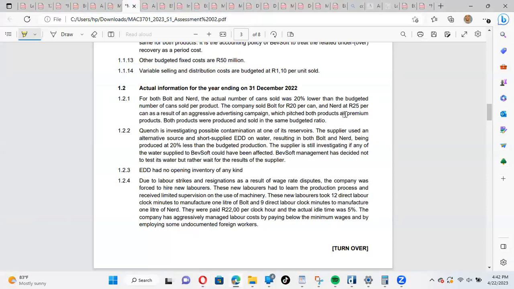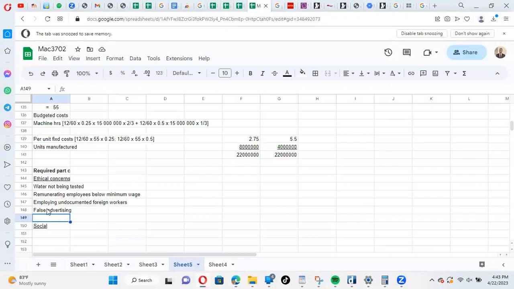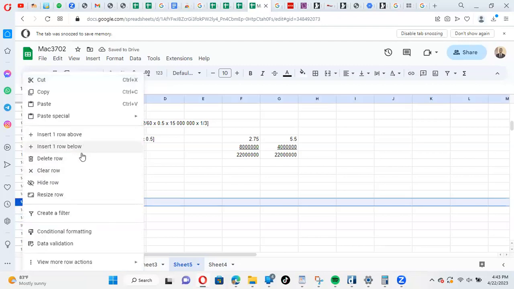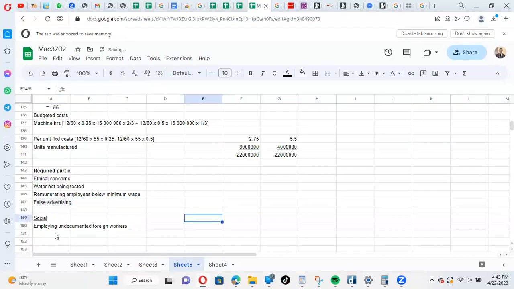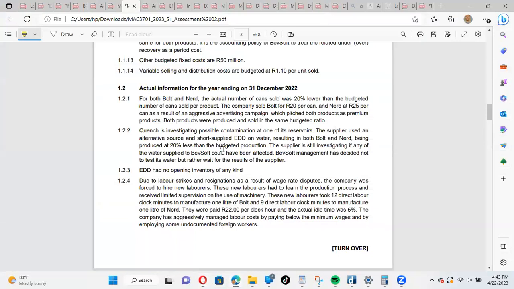First of all, it would be unethical to do such a thing. If we classify this as unethical, which it is, false representation, then I think this can be a social factor, a social concern. So we need 2 now.